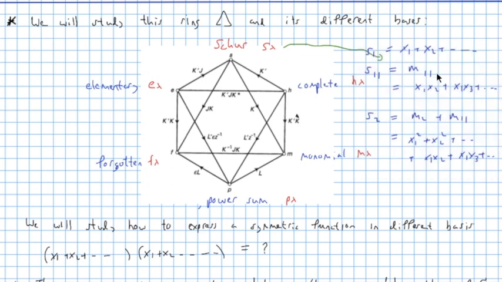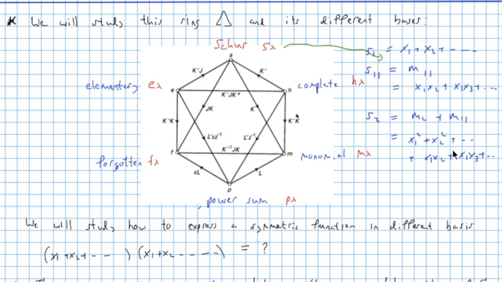And you might also believe me that the Schur function s of the partition 2 is x1 squared plus x2 squared plus dot dot dot. Since it's symmetric, you need all these other monomials like x3 squared and so on. But you also have plus x1 x2 plus x1 x3 plus x1 x4 plus x2 x3 dot dot dot.